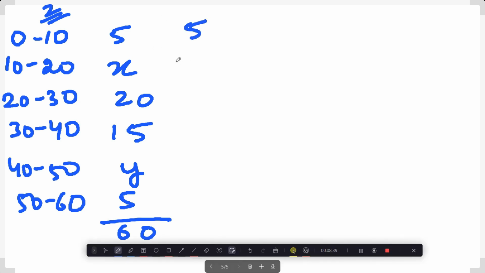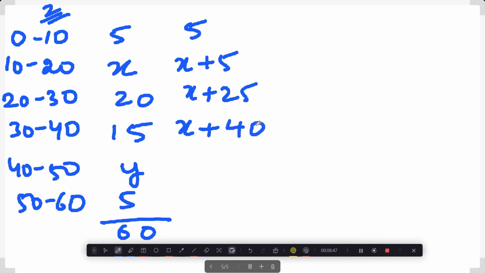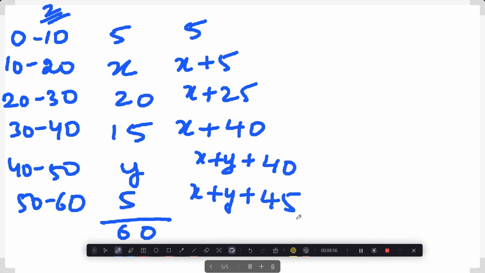5, x plus 5, x plus 25, x plus 40, x plus y plus 40, x plus y plus 45. And this is equal to 60. So the first equation is x plus y equal to 15, right?